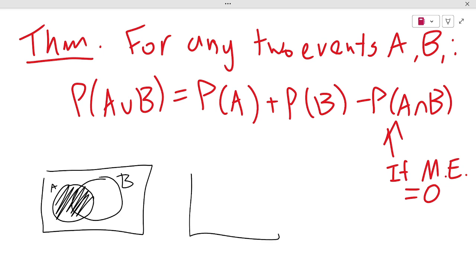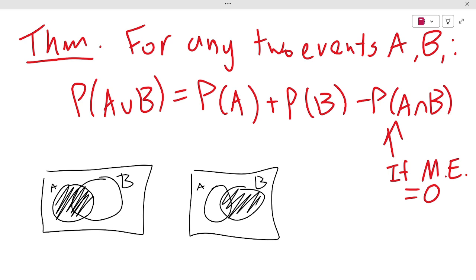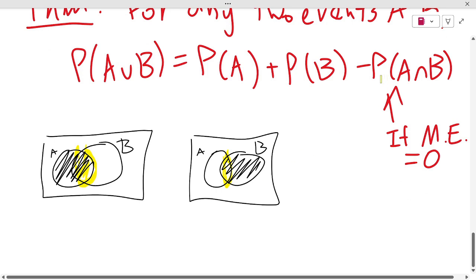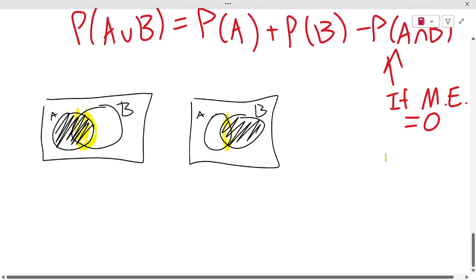And so when it asks for the probability of B, this whole thing is B. So what's really happening here is we have to be careful that we're not double counting the intersection right here. Because if we just do the probability of A, we're getting all of A, which includes that intersection. If we do the probability of B, we get all of B, and it includes that intersection. So if you just add them two together, and the intersection is not 0, then you're double counting it, meaning we have to subtract it off from the theorem.